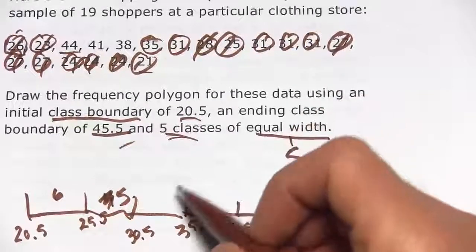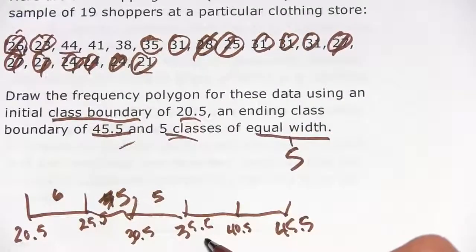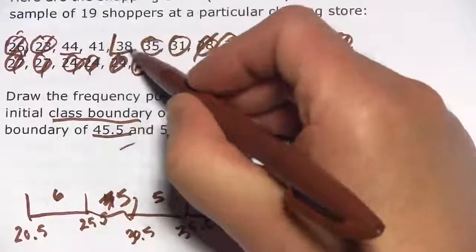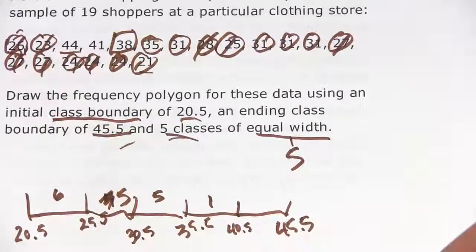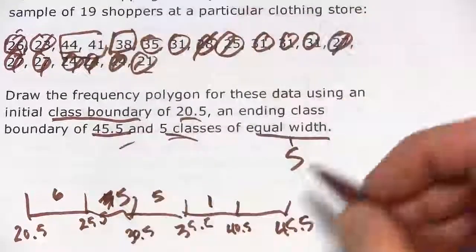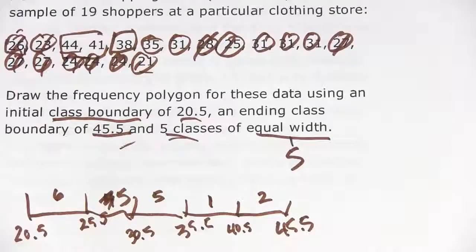I think that's it. And now the class from 35.5 to 40.5. Looks like there's only one that would go in there. That's the 38. And then our last class, 40.5 to 45.5, would be these 2. So there'd be 2 in there.